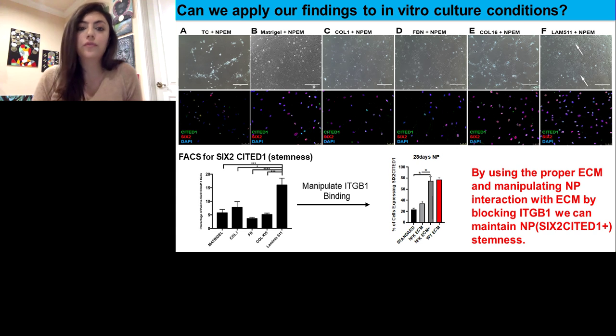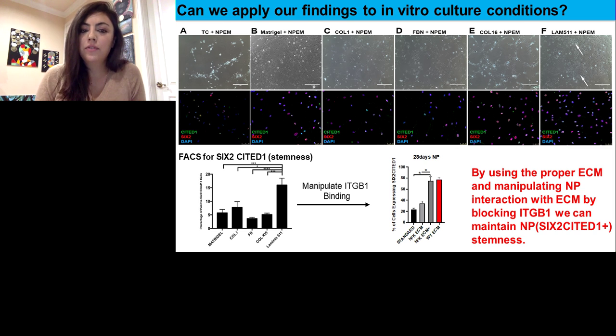And we tested through flow analysis for the expression of SIX2 and CITED1. After 5 days, we see that when the cells were cultured on laminin 511, they seem to maintain the expression of SIX2+CITED1 significantly compared to all the other culture conditions.